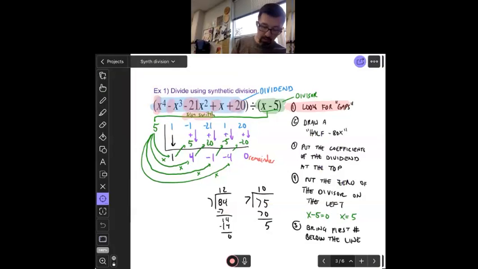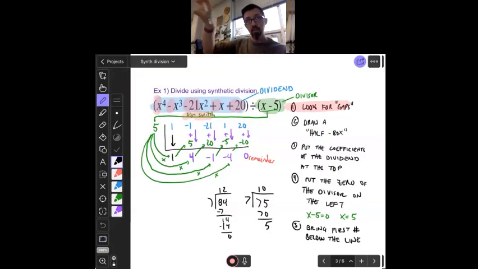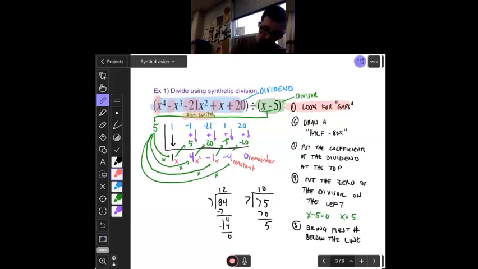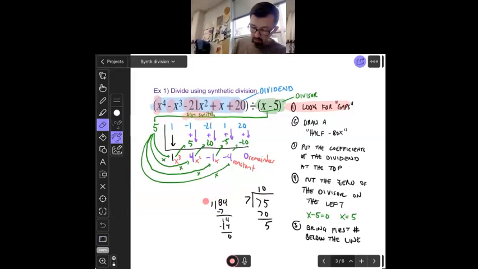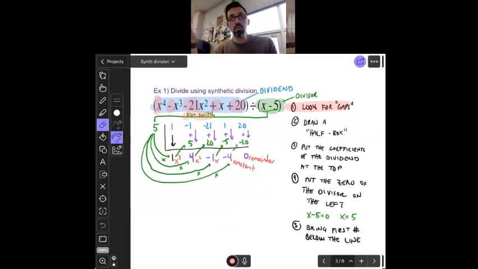The way I like to do this is I always know that my very last number, that very right number, is the remainder. Always next to the remainder is the constant term, no variable. Next to that would be an x term, bigger than that an x squared term, bigger than that an x cubed term. So I like to build from the right to the left.